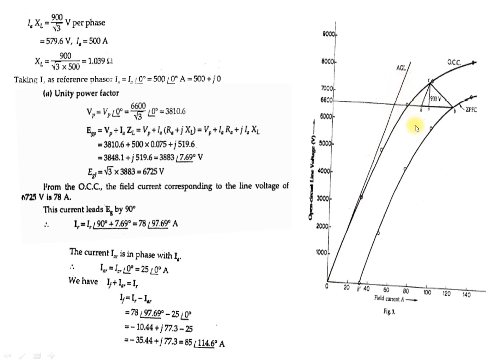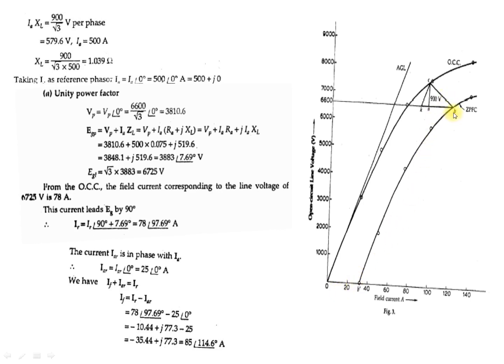So after getting these two curves and also the AGL, we can come to the OB dash, which is mentioned here. OB dash will be 32 amps. So that particular 32 amps OB dash will be taken as a base.